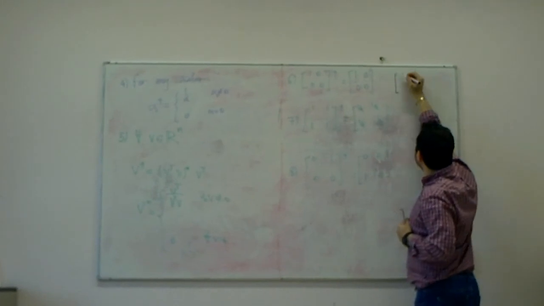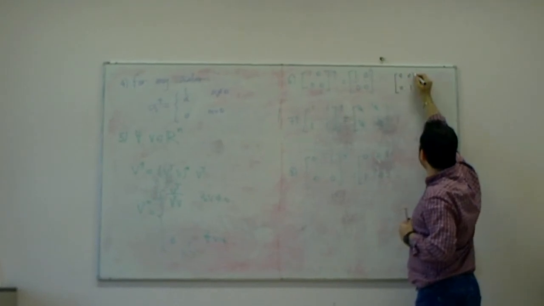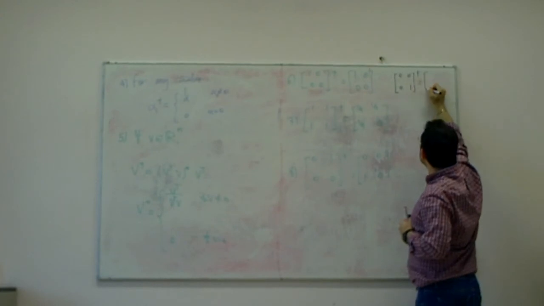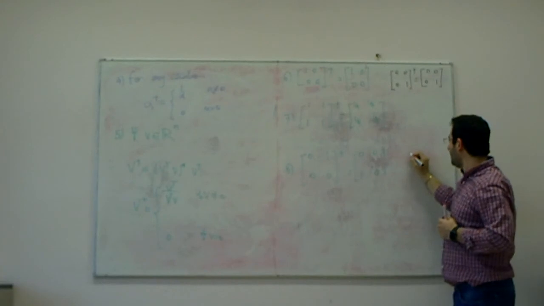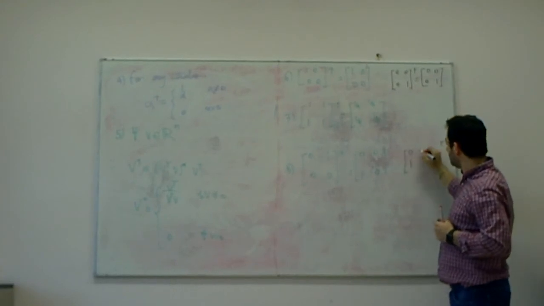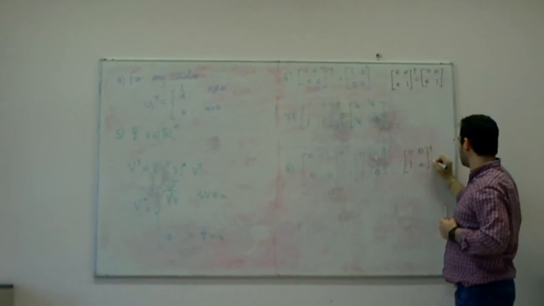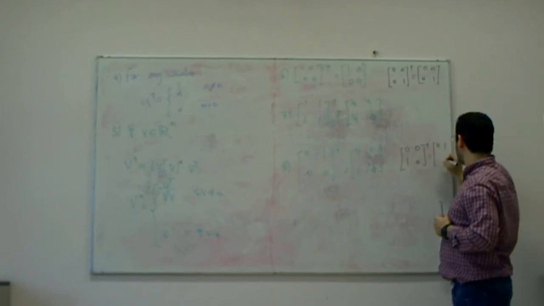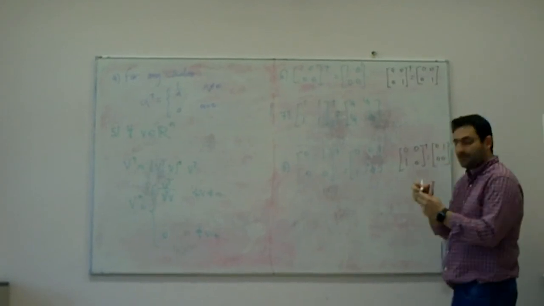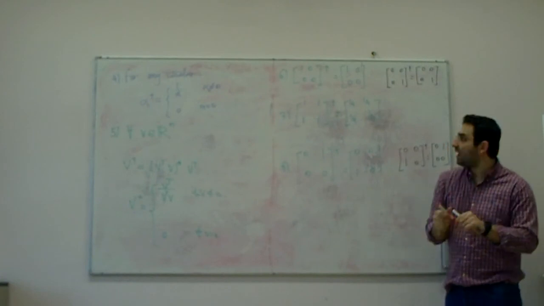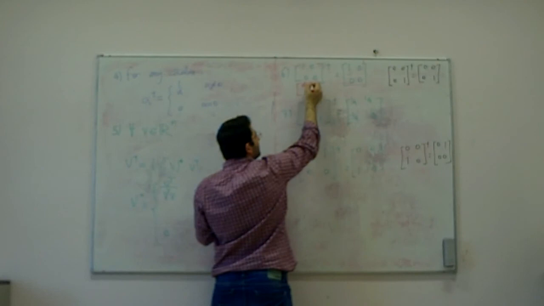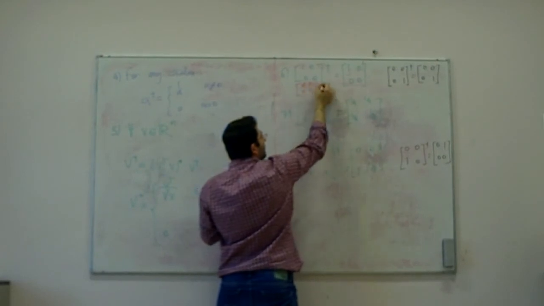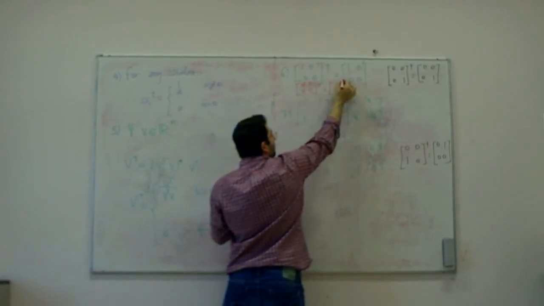For number 6, I'm adding this one. If I have 0, 0, 0, 1, it pseudo-inverses itself. And for number 8, if I have 0, 1, 0, 0, the pseudo-inverse, the location of 1 will be changed. And more generally, for number 6, if I have alpha, 0, 0, 0, what do you think the inverse will be?